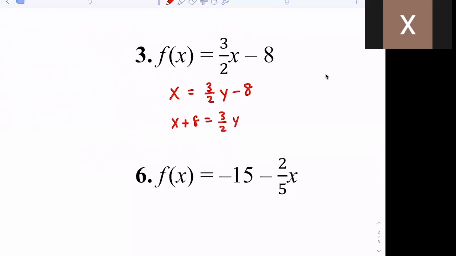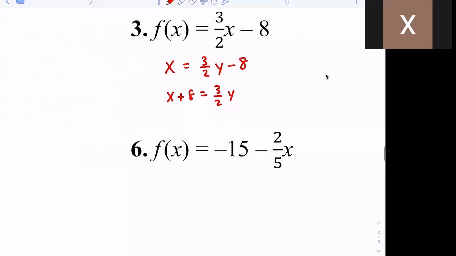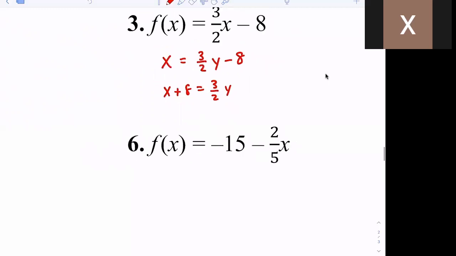How do you undo a fraction? Multiply by the reciprocal. So y equals, what's the reciprocal? 2/3, parentheses, x plus 8.